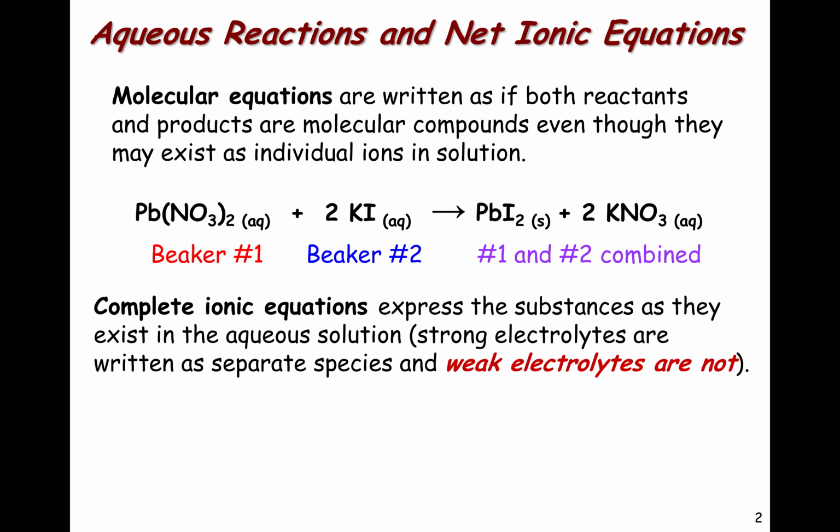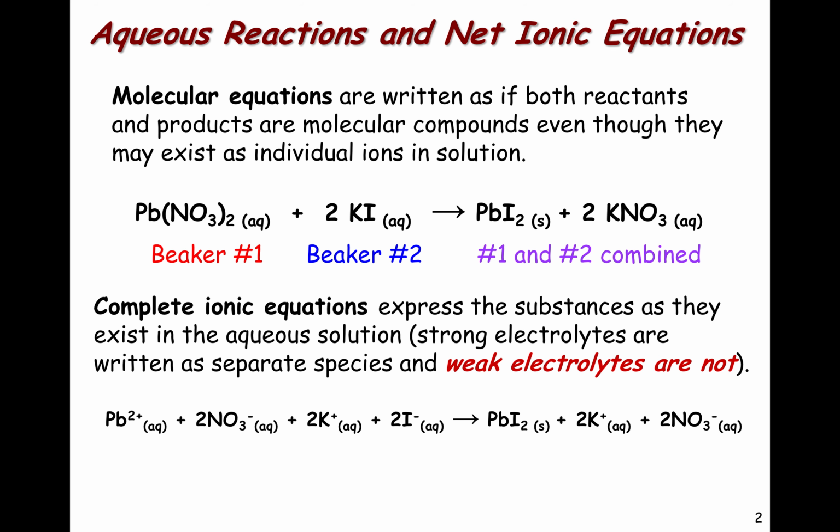In addition to the molecular reaction, we can write what's referred to as the complete ionic equation. In this case, any compound that is a strong electrolyte is written such that we have the ions that would actually be present in aqueous solution.